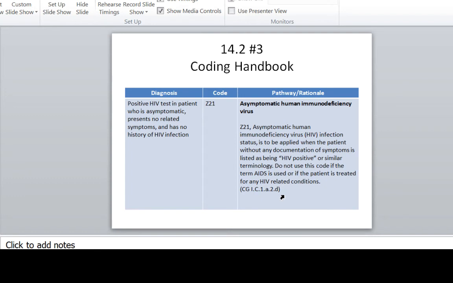You've got a very specific guideline telling you to use Z21. There's no documentation of any symptoms. He or she is simply listed as HIV positive. If the documentation had said the patient has AIDS, then you would use B20, not the Z21 code. The Z21 code is reserved for those people who have had the positive HIV test.